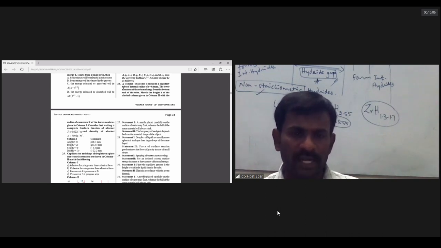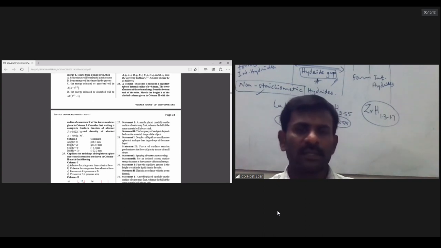Consider the wetting is complete. The surface tension of alcohol is 0.02 Newton per meter and the density of alcohol rho is 790 kg per meter cube.